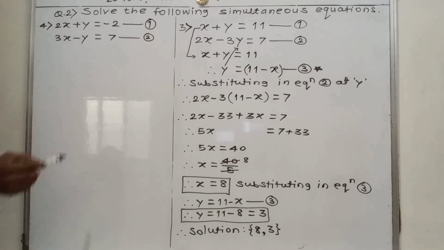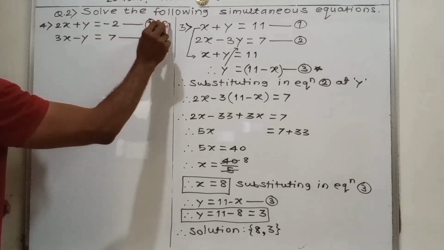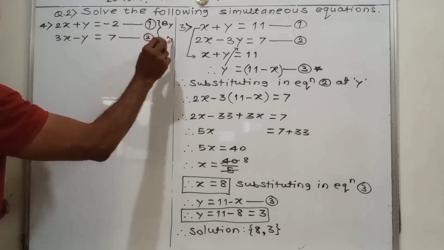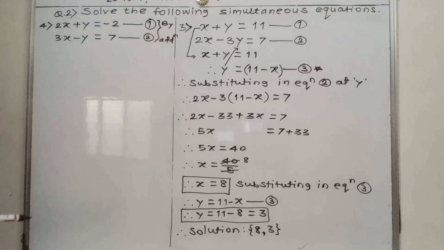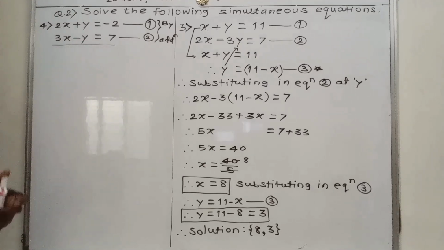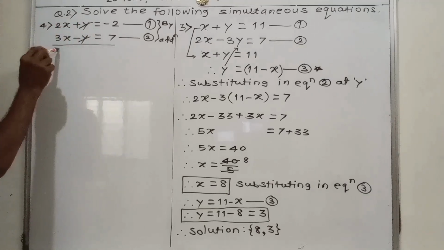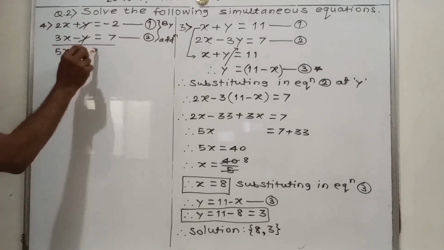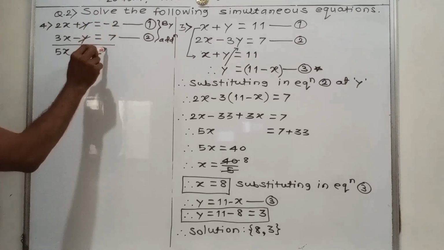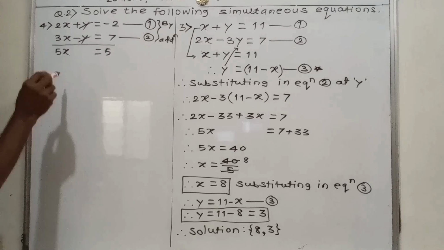Then observe their signs. Signs are opposite. Then we do addition. Did you get it? Signs are opposite, then addition; same, then subtraction. Then 5x is equal to 7 minus 2, 7 minus 2 is 5.